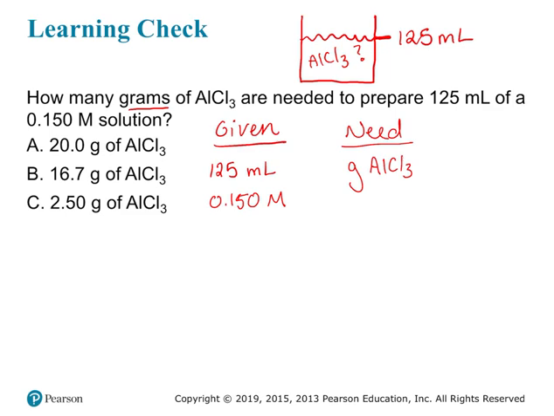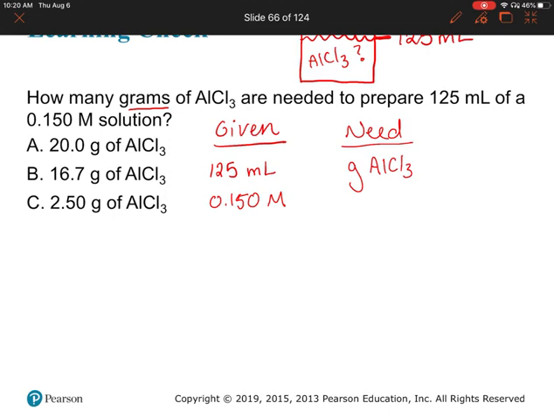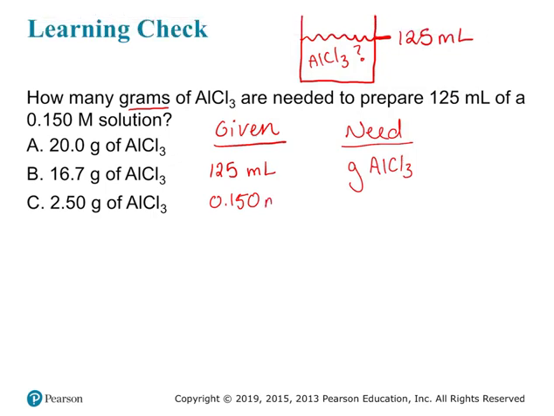Okay, so our plan, first of all, we should probably make sure all of our units are the same or at least match up so that we can cancel them. So I'm going to rewrite this capital M as moles per liter just so we can keep track of units. So already I noticed that we have milliliters and liters for the volume amounts.